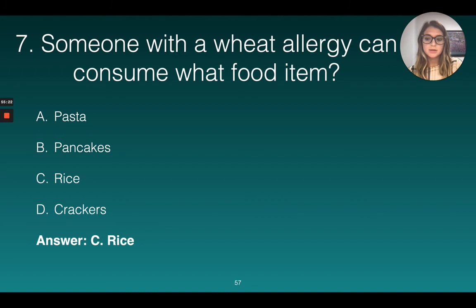And the answer is C. Rice is going to be wheat-free, so it is safe for someone to consume a food that has rice in it. Nowadays, there are so many foods made without wheat, wheat alternatives. So you have pasta that is made with rice, crackers that are made with rice. Thankfully, there are a lot of alternative food items that someone with a wheat allergy can consume in this form.